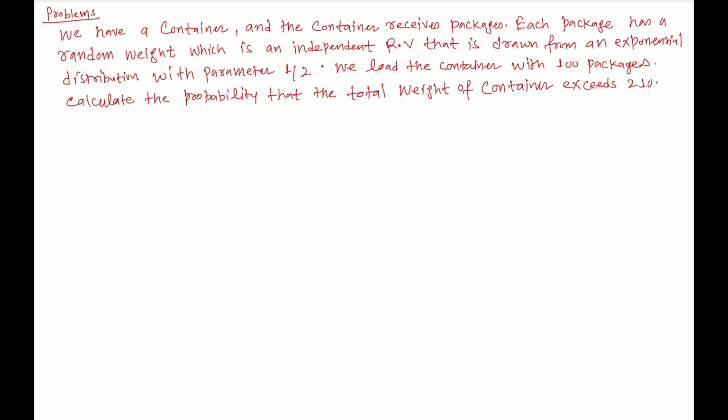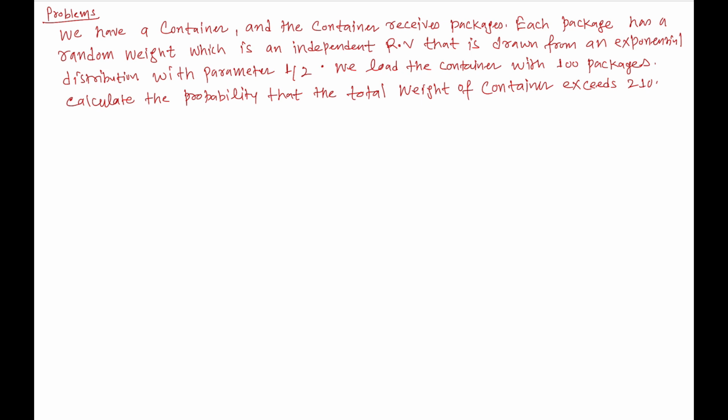Let's first try to get the information out of this question. So we have a container, and we are loading that container with packages, and the weight of the packages is a random quantity.